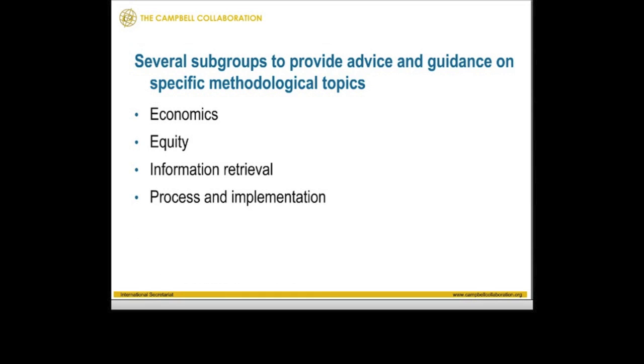We have a group entitled Process Implementation, looking at how to include methods about the implementation of an intervention into a Campbell review. We have a methods group on statistical methods, and we also have a subgroup that provides training in statistical methods for meta-analysis and other aspects of a systematic review, from information retrieval through data analysis.